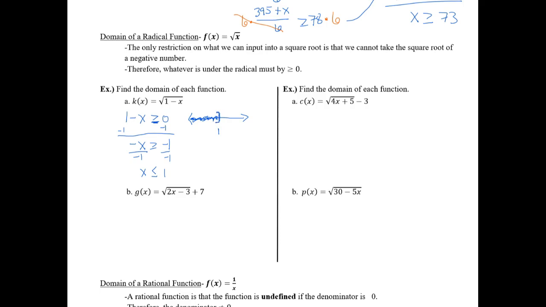So if I wanted to write the domain of this in interval notation, the answer would be starting at negative infinity up to 1 and including 1 in my solution. So that's everything that x can be, right? Because I set this restriction at the beginning, I thought about what it couldn't be.